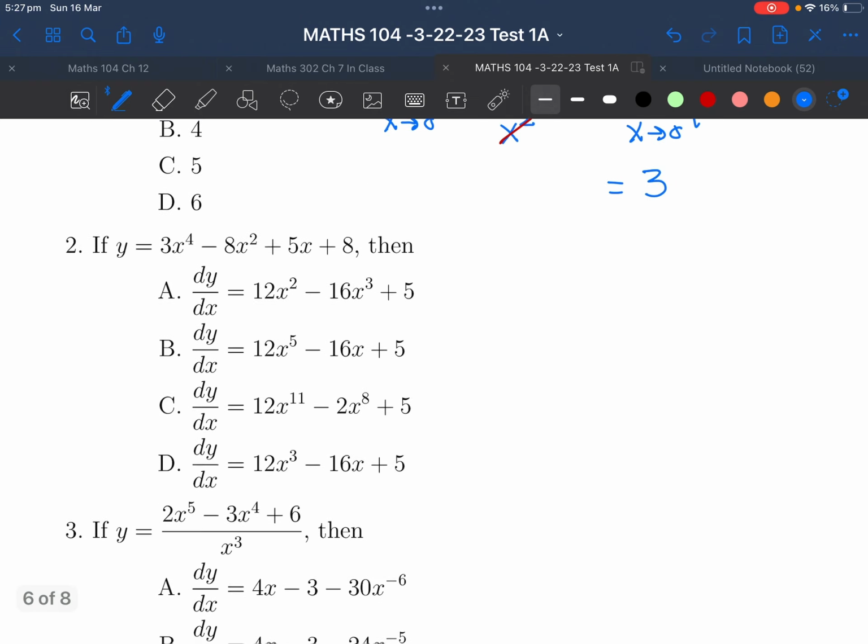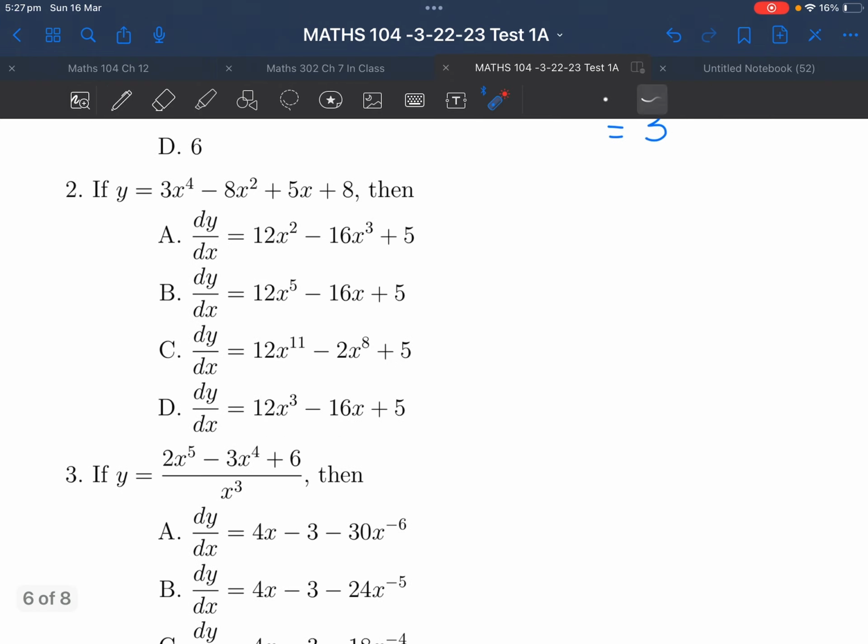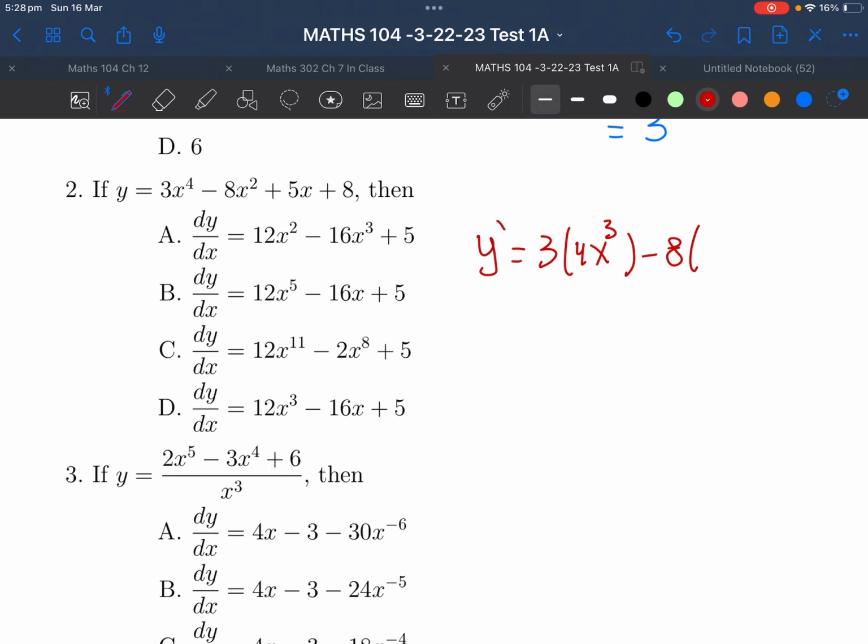That's number 1. For number 2, remember, if we have x power 4, the derivative is 4x power 3. So the derivative of this function will be y prime equal 3 times 4x power 3, minus 8 times x, plus the derivative of x, which is 1, so we just write 5.